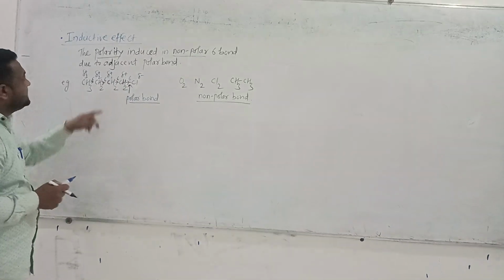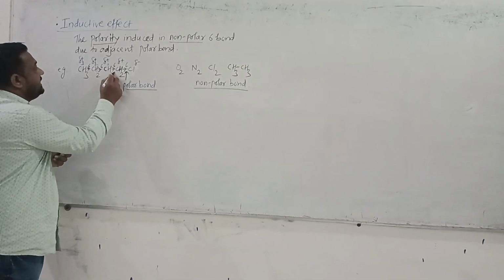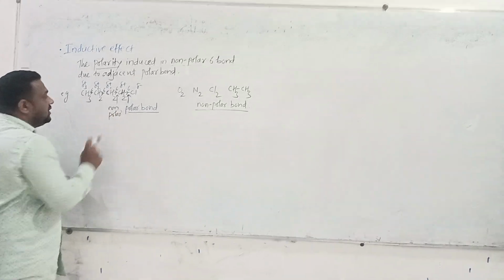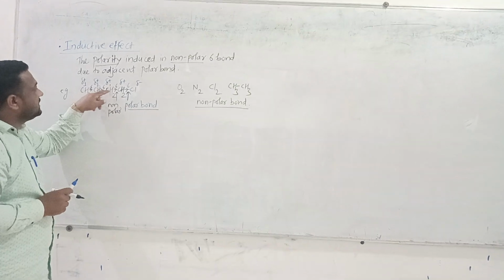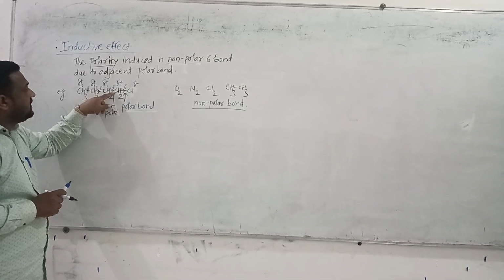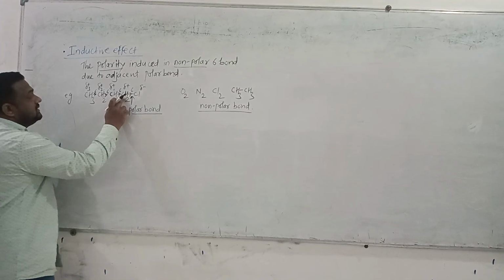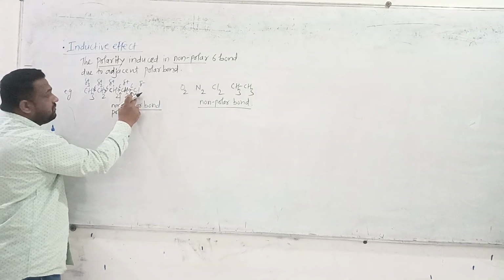Initially, this carbon-carbon bond is non-polar. But this non-polar carbon-carbon sigma bond is adjacent to a polar covalent bond, the carbon-chlorine bond, which is polar.